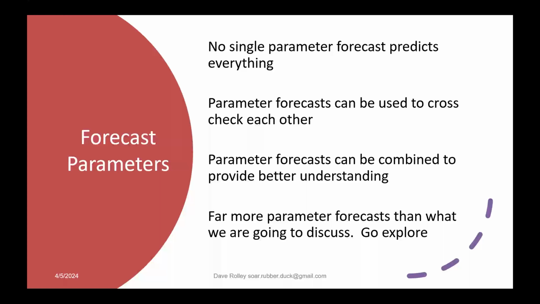If they are at two different extremes, then that tells you maybe there's something in today's run that didn't add up quite right. And so question whether or not it's going to overdevelop or question whether or not you're going to have that much sun on the ground. The parameter forecasts can be combined. That's what I call the composite ones.